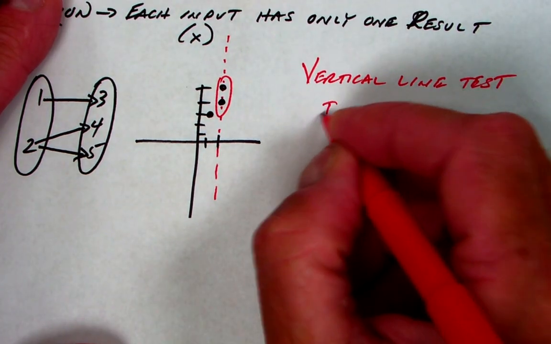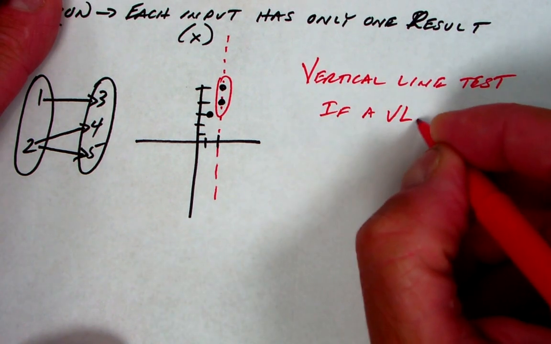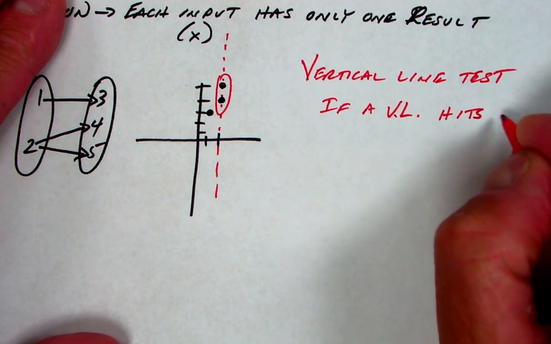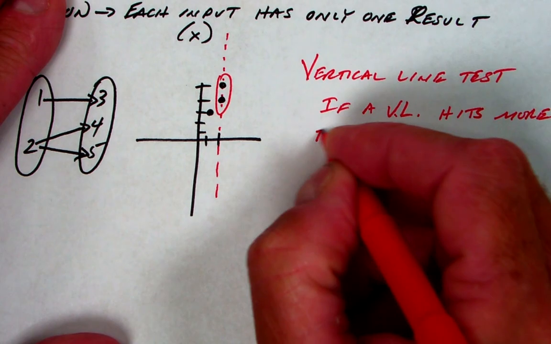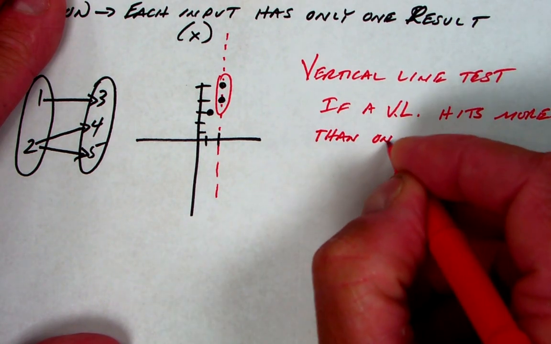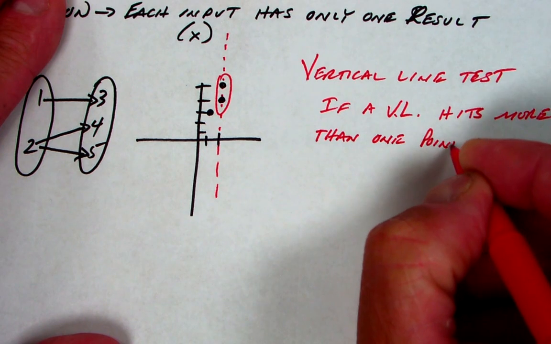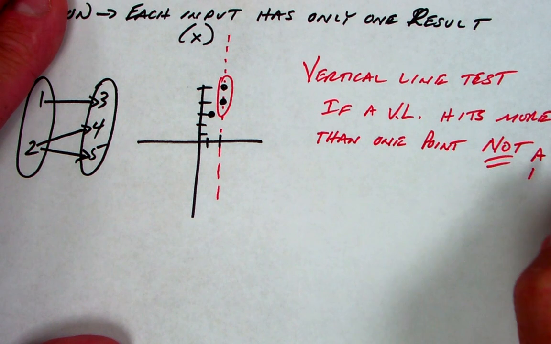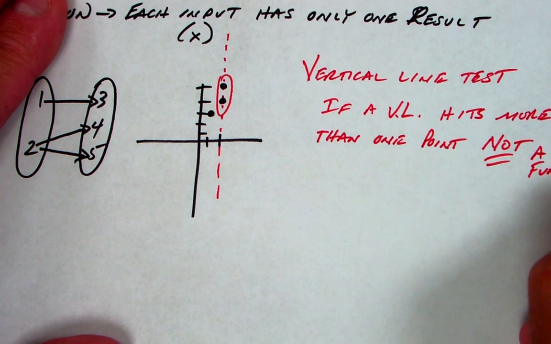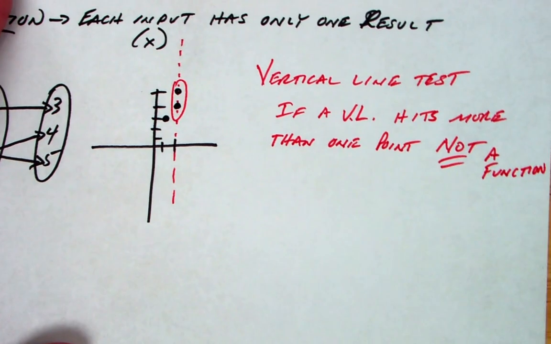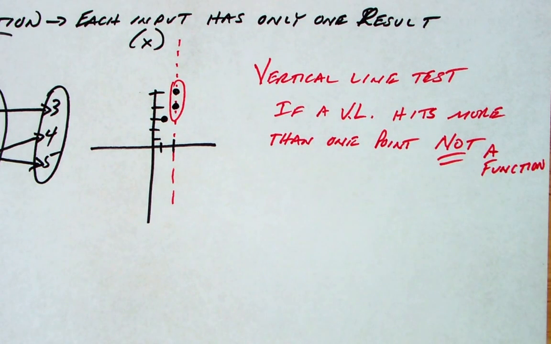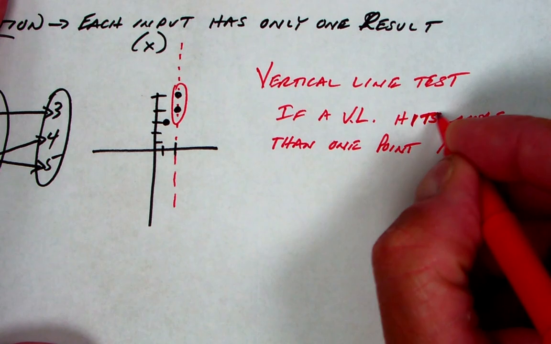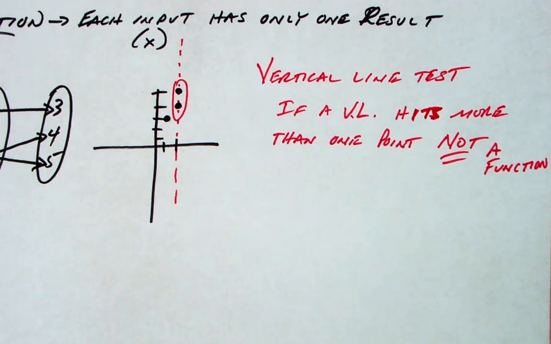It just says if a vertical line hits more than 1 point, it's not a function. Yep. Vertical line hits more than 1 point, and it's not a function.